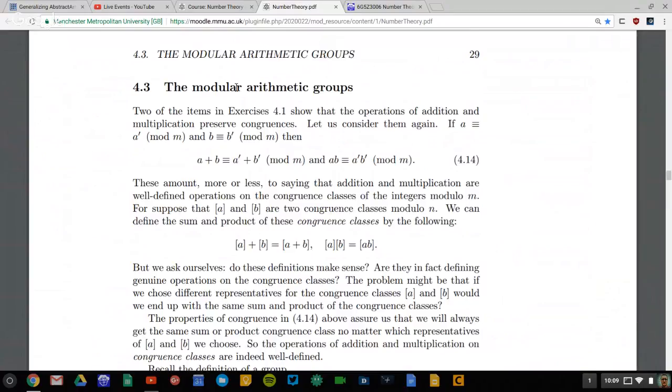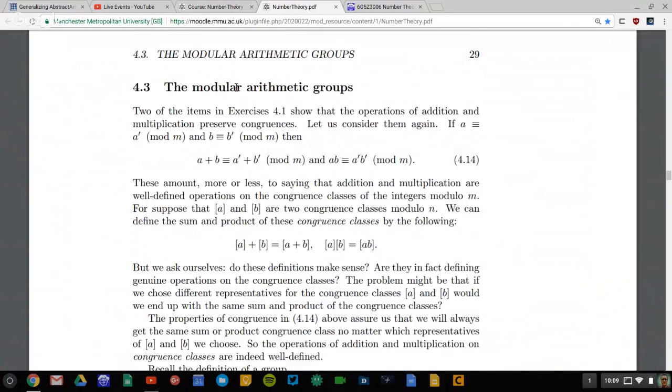So over here, we might have the A and the A prime. Over here, we might have the B and the B prime. When you add A and B, you land in some other congruence class. If you add A prime and B prime, you must land again in this same congruence class.